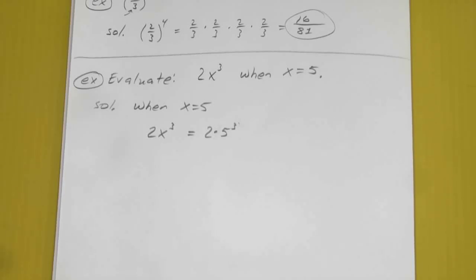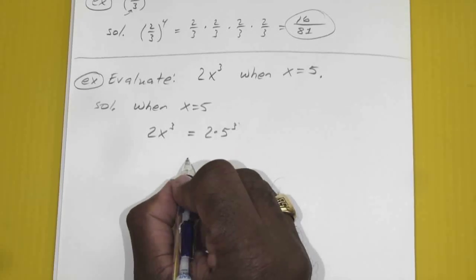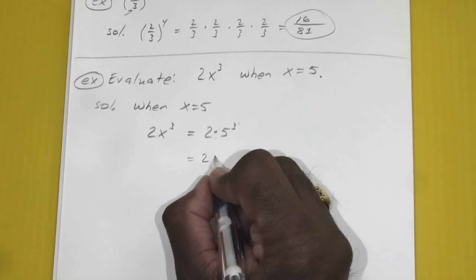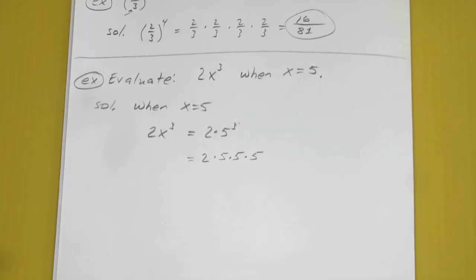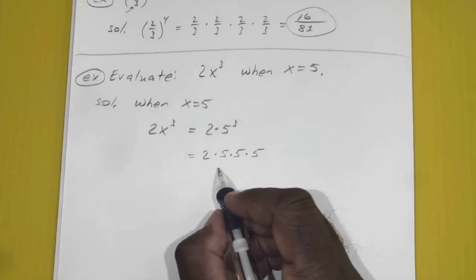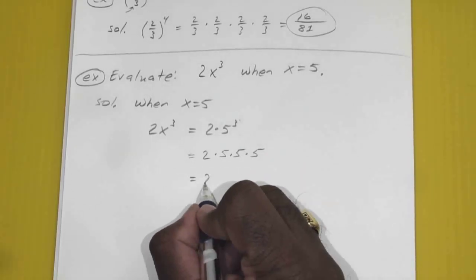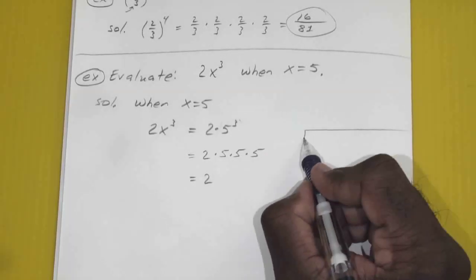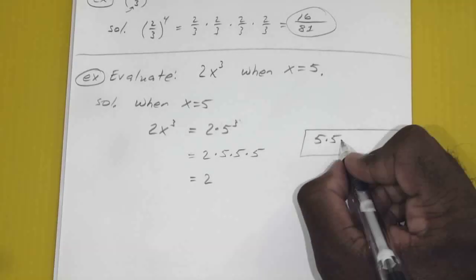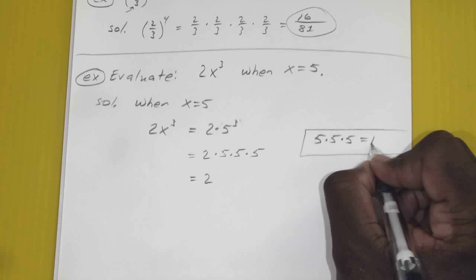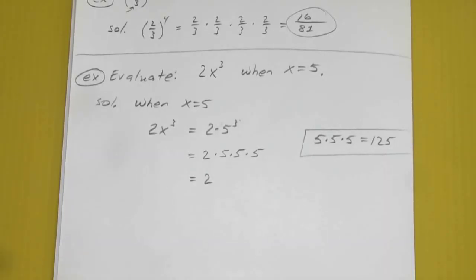Okay. So we know 5 to the third power is just 5 times 5 times 5. So that's 2 times 5 times 5 times 5, because we know that 5 times 5 is 25, and 25 times 5 is 125.